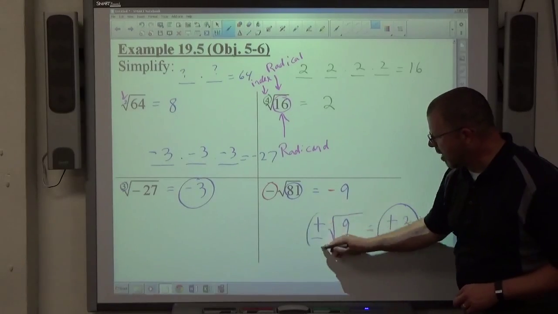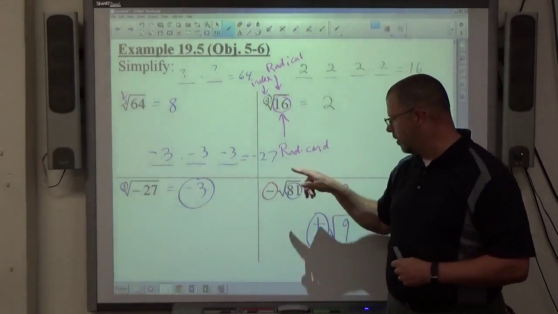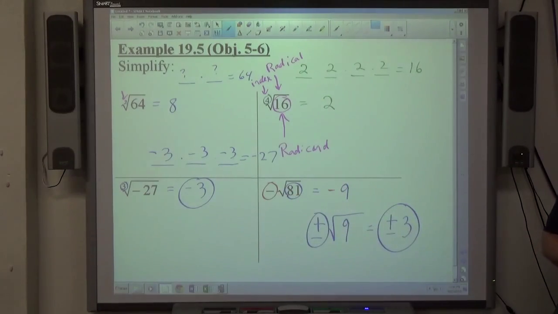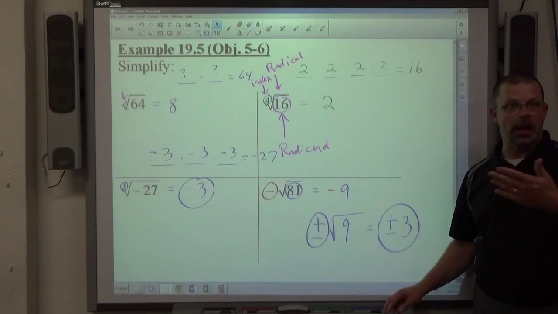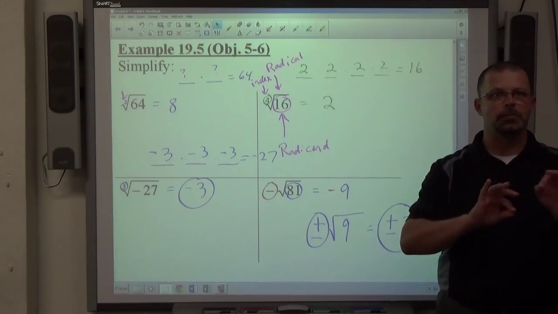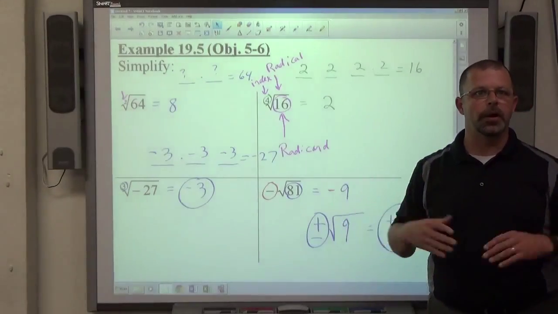Okay. So whatever symbol they put in front, that's the one they want. So if they have no symbol, they want the positive square root. If they put a minus, they want the negative square root. If they put plus or minus, they want both square roots. Okay. There'll be times later on in the class where we're evaluating and where we're solving some equations, and we're going to be required to put the plus or minus on. But in these problems where they give the problem to you, it'll be what it is in the problem.